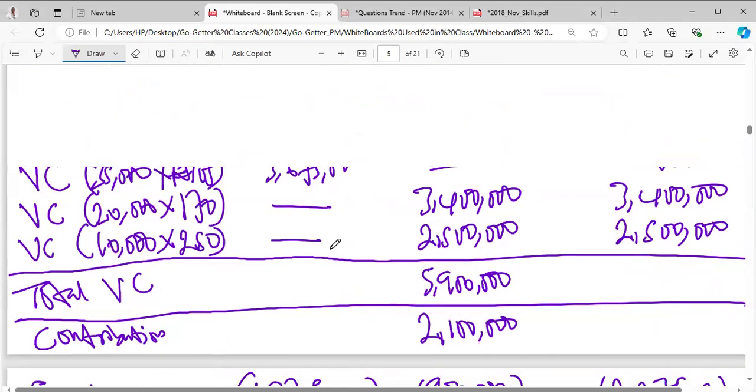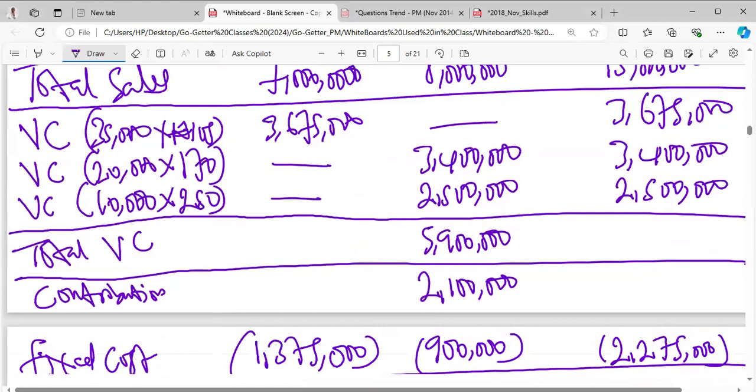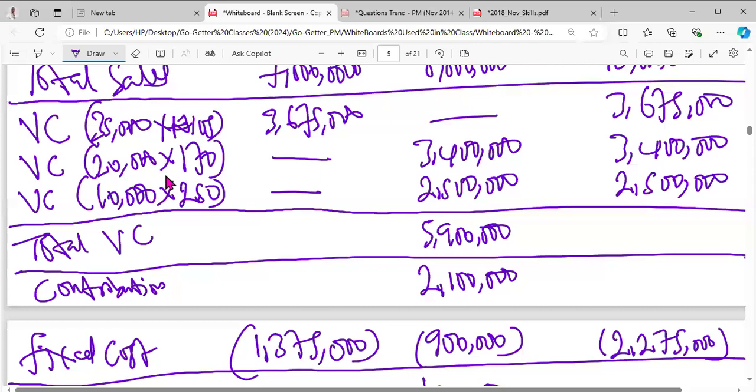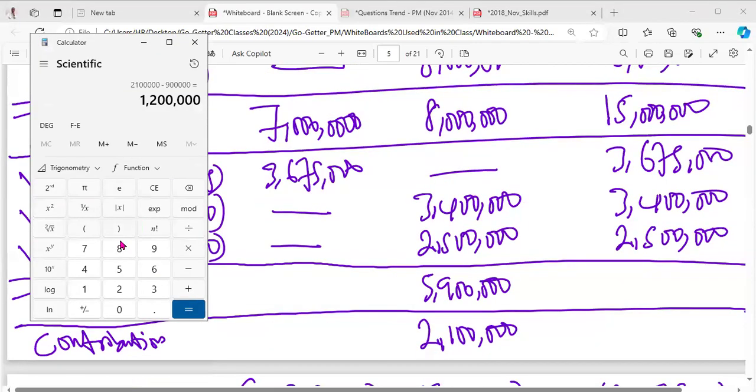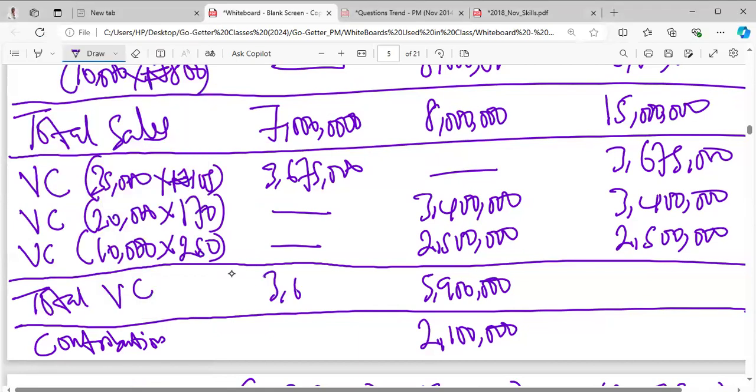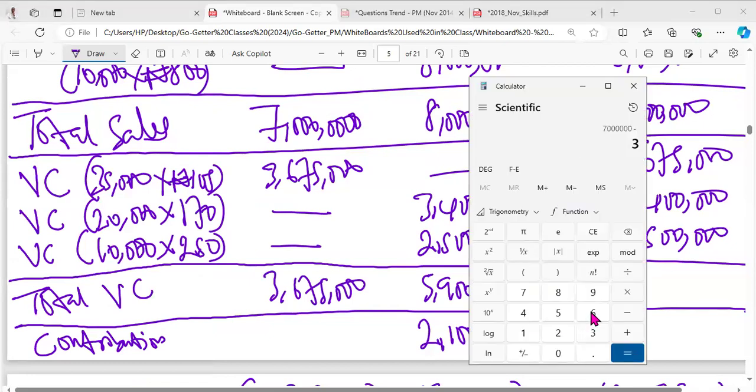So let's look at this first one here. Although we know that the ultimate thing is the group, but let's see. We have 7 million. This is going to be 3,675. 7 million minus 3,675.